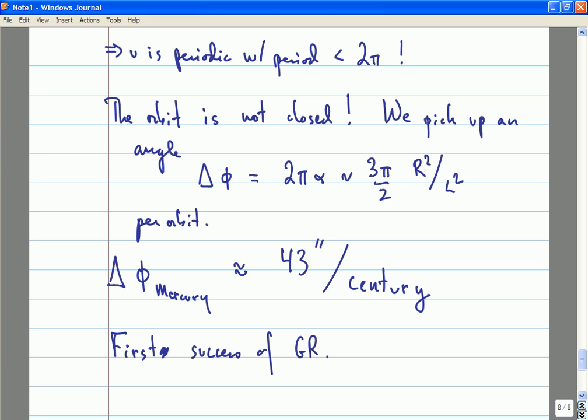Let's take a minute to think about where we started. We started by thinking about the equivalence principle, by thinking about geometry, about how to formulate laws of physics in curved space-time, by using the principle of coordinate invariance, and then writing down the only possible equation that we could write down, which was consistent with those principles, which was Einstein's equation of general relativity.